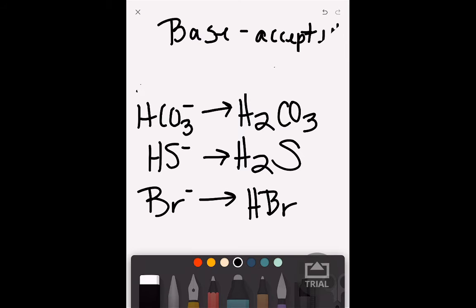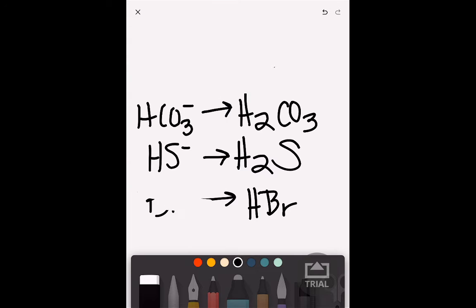And I want us to look at the two in the middle. So let's look at HCO3 minus.